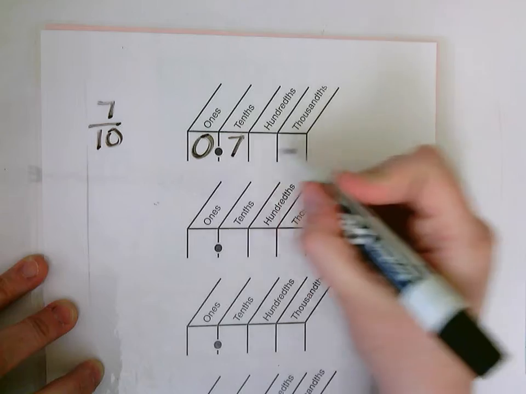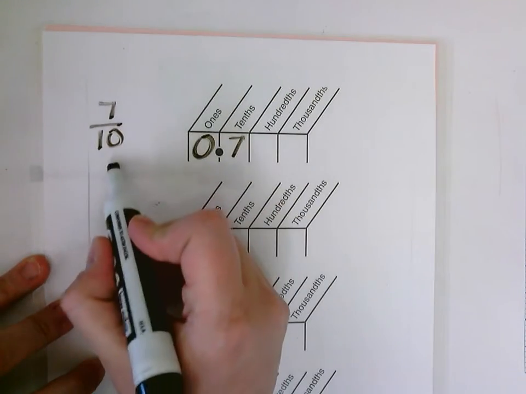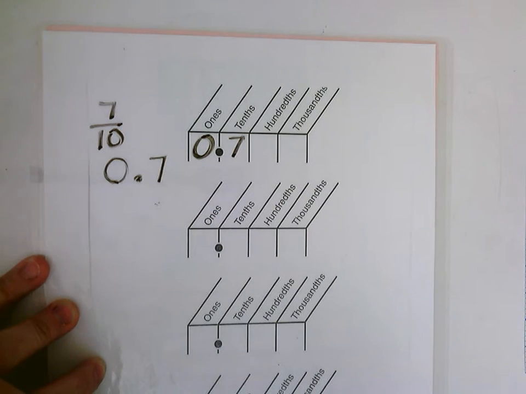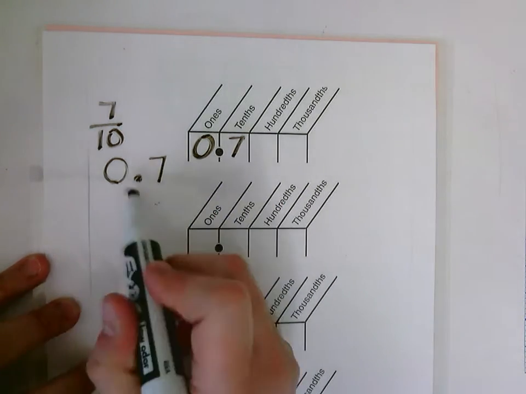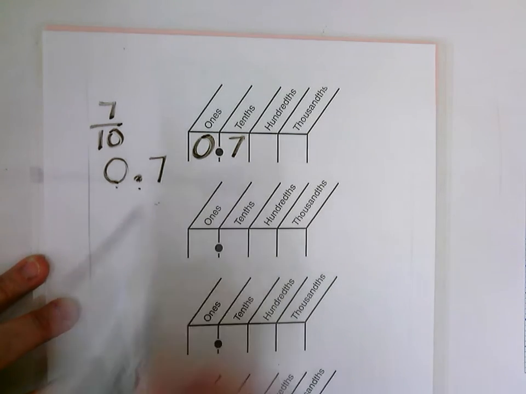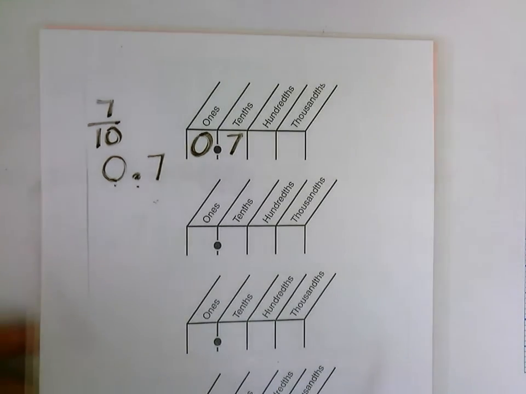I don't have any hundredths or thousandths, so I can leave them blank for now. So I can write this number as 0 and 7/10. I write it like this, and I say it as 0 and 7/10, just like we talked about last week.